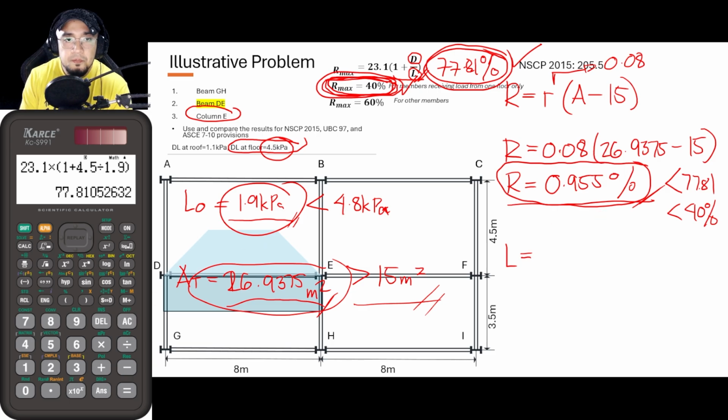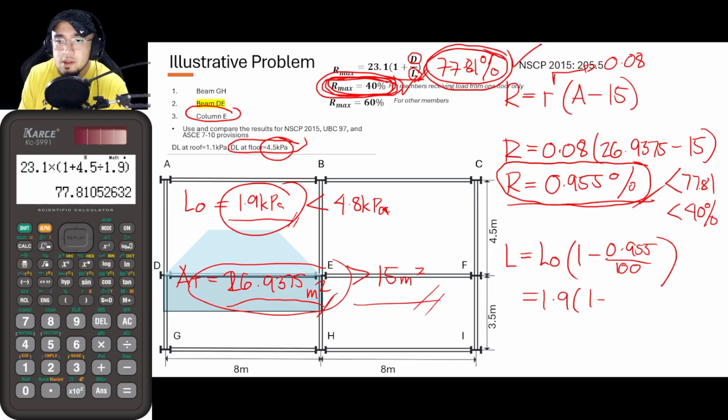So with that, our solution would be the unreduced live load times 1 minus 0.955 all over 100, or 0.955% off from 100%. Okay? So with that, this is now equal to 1.9 times 1 minus 0.955 all over 100.